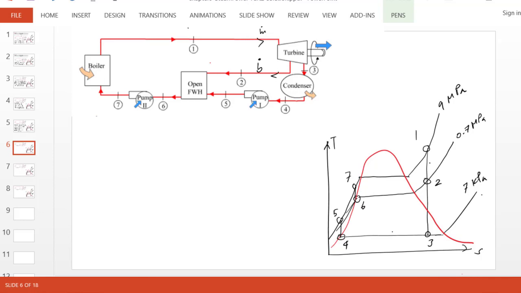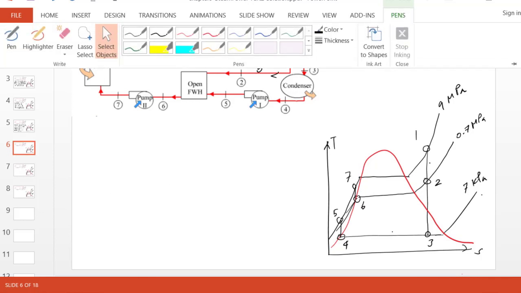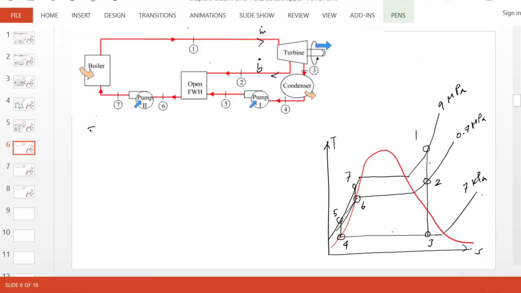State 4 should be simple because we know the quality. State 4, again pressure is known and the quality is 0, saturated liquid. So that gives us enthalpy at state 4 relatively simply as 163.